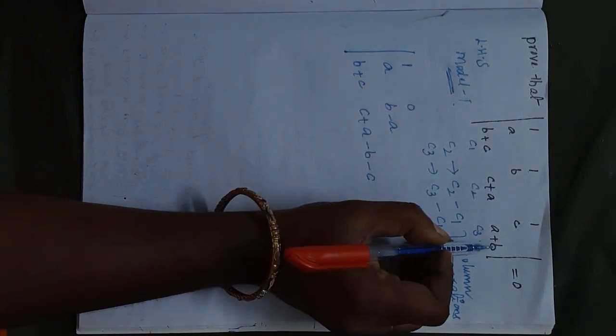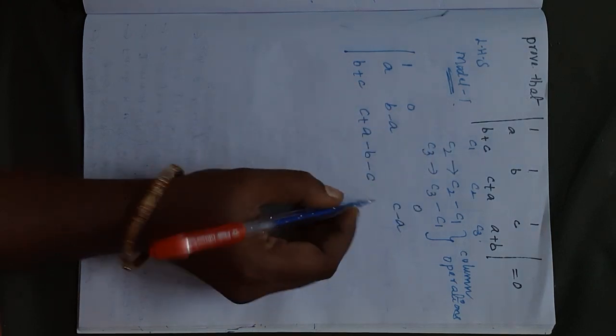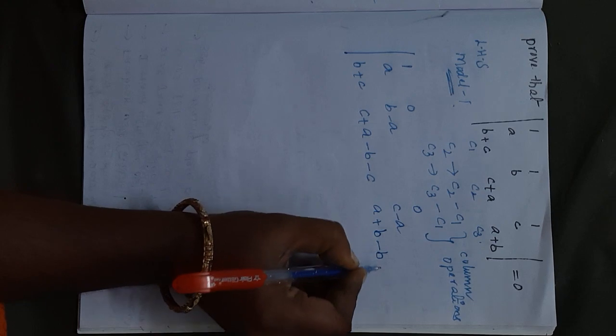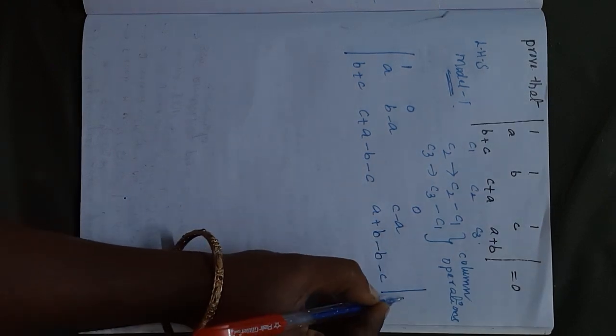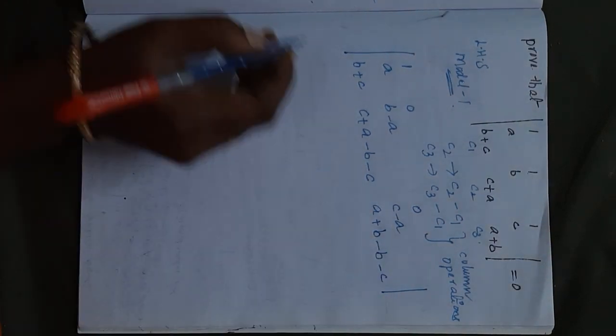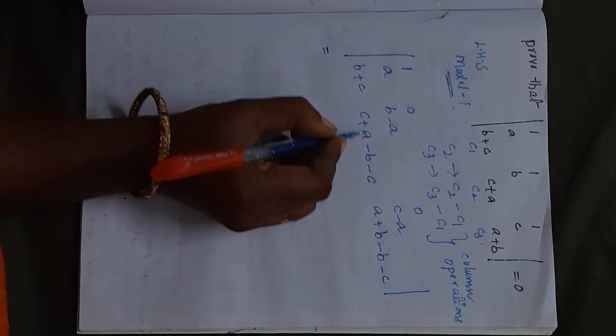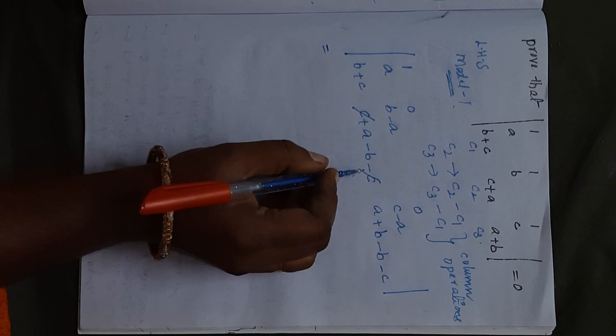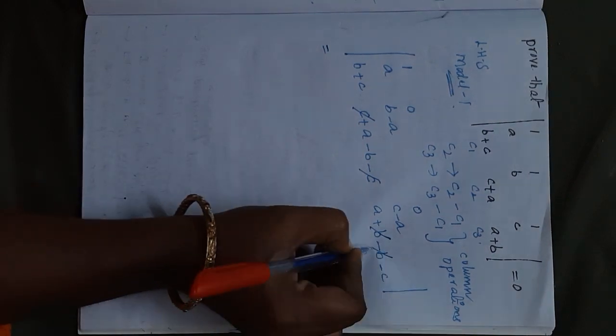A plus B minus of B plus C will become A plus B minus B minus C, which is equal to... so there is no space here, I am writing it below. Here C will get cancelled because positive negative. Next B will get cancelled.